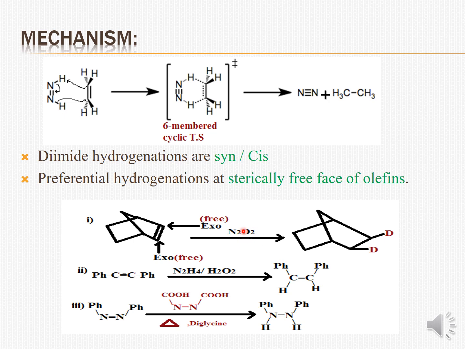We are adding the deuterium compounds and seeing whether the reaction will go or not. And then if we take the alkynes in the presence of N2H4, that is hydrazine, upon addition of hydrogen peroxide, the alkynes are getting reduced to the alkenes.